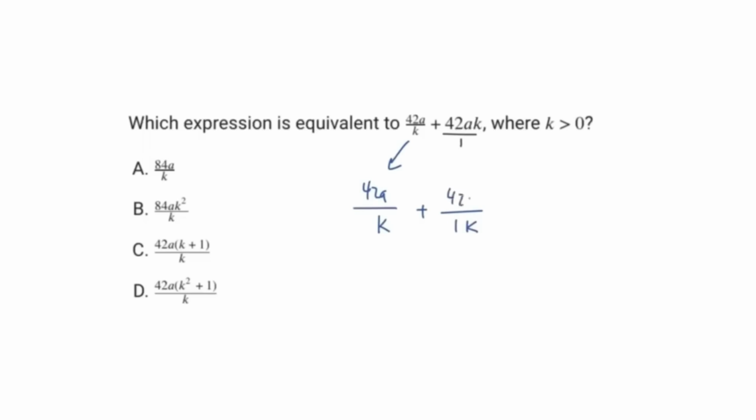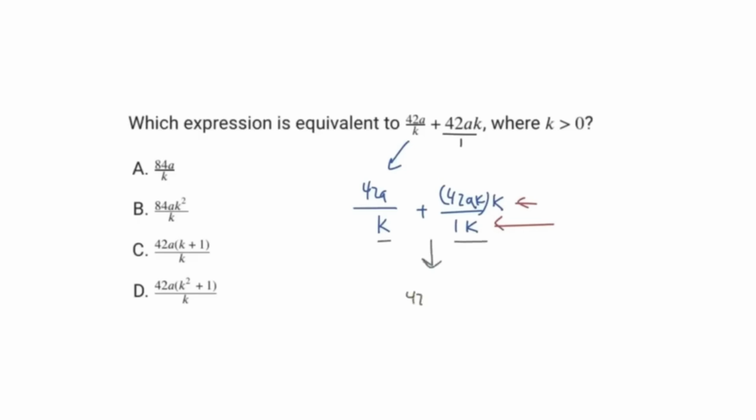So we get 42ak times k. The reason we're doing that is to find a common denominator, and k over k is 1, so it really is the same thing. It's the equivalent expression, but now that we have the same denominator, we can combine the numerators.